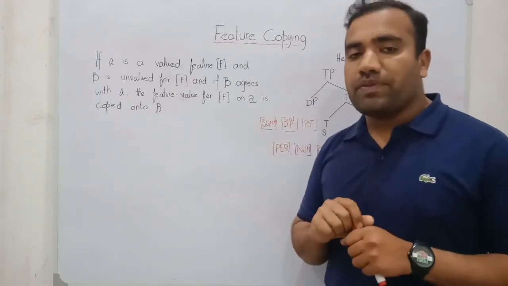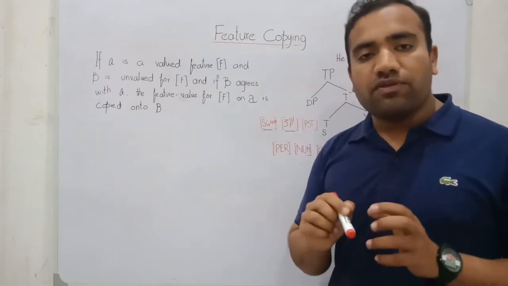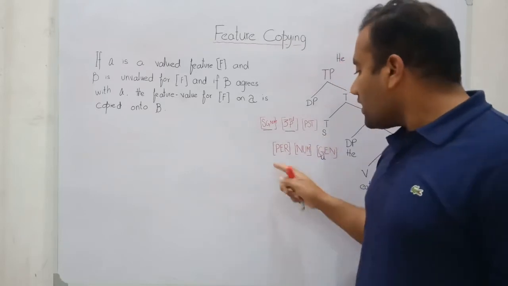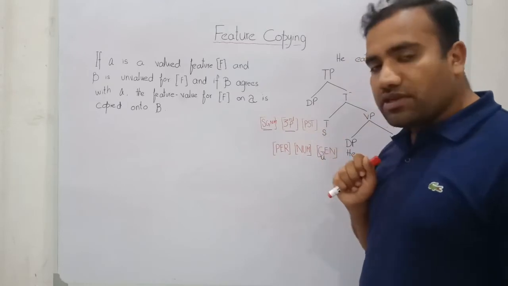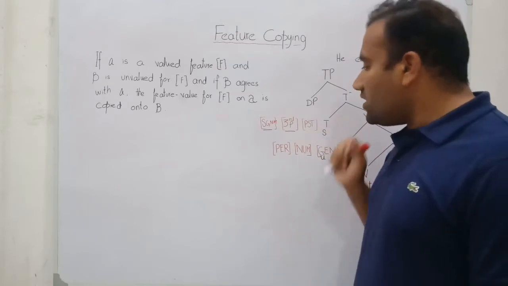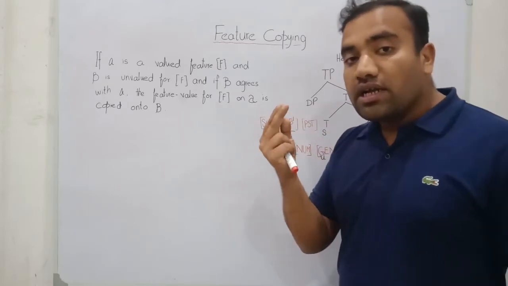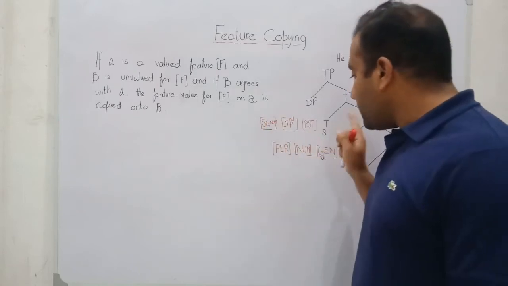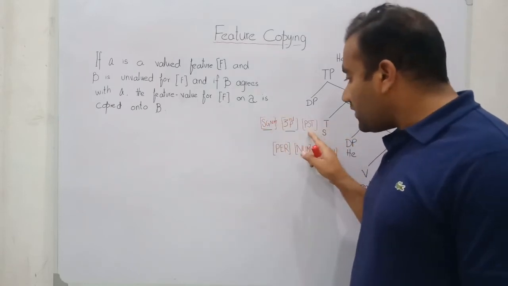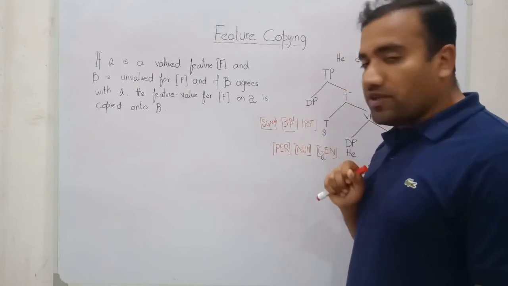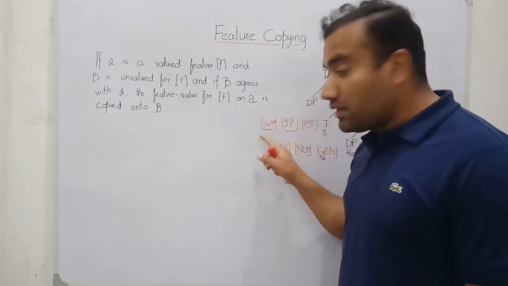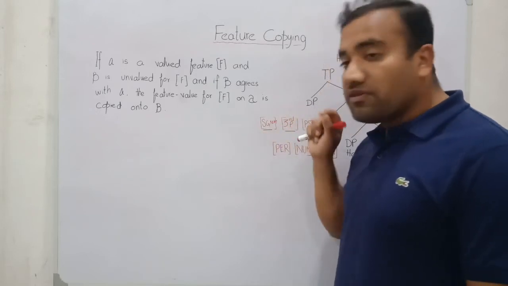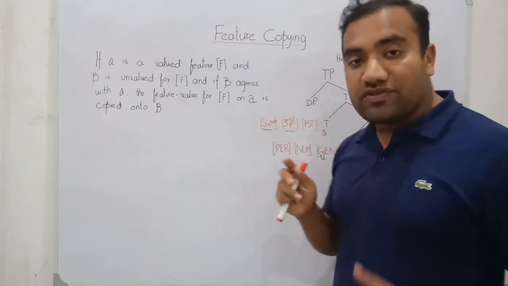This is the theory. In the previous video I told you that this category has the feature, and the feature of T is only the tense feature, the present tense, and the tense is the valued feature. But the number and the person features of T have not been valued.